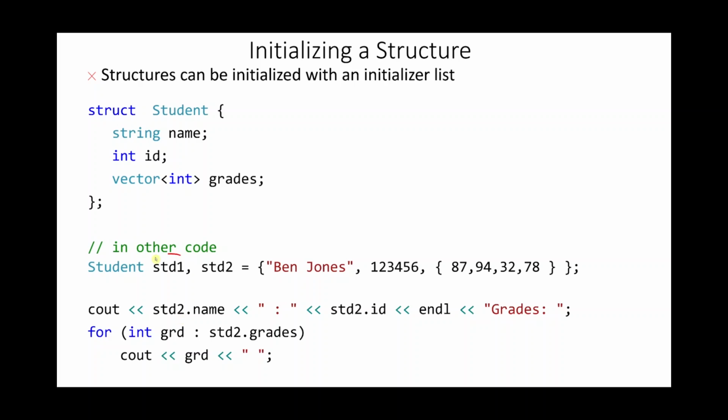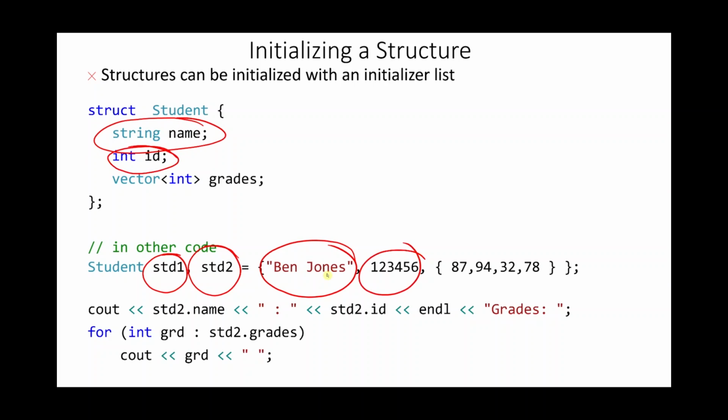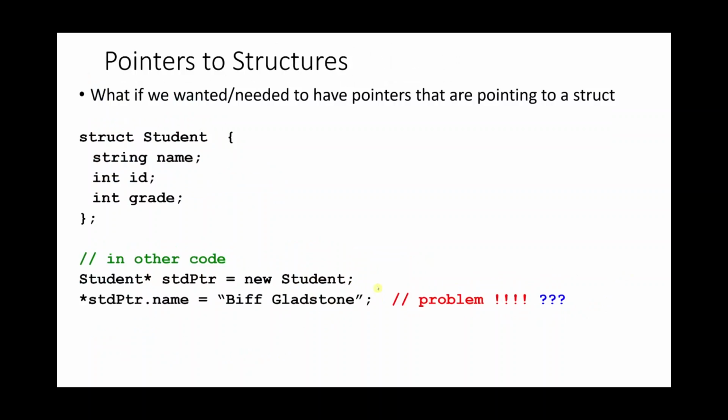So if I have student 1, this one is uninitialized. If I want to initialize the other student, I can do the name first, Ben Johns, and then the ID, here is the ID, and for the vector, you can use an initializer list, and that's it. If you want to print them, you can print them like this if you want.